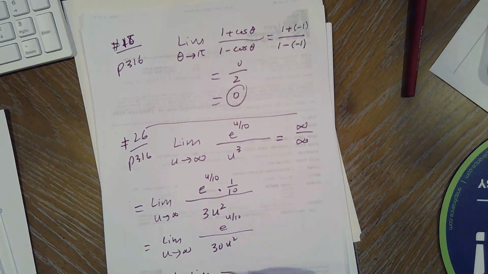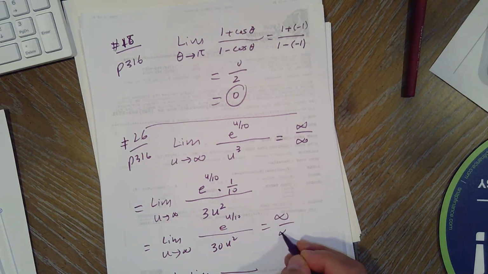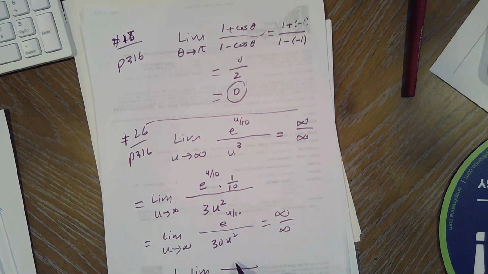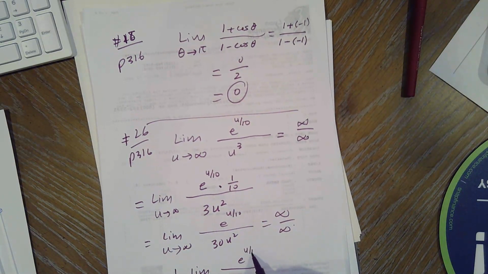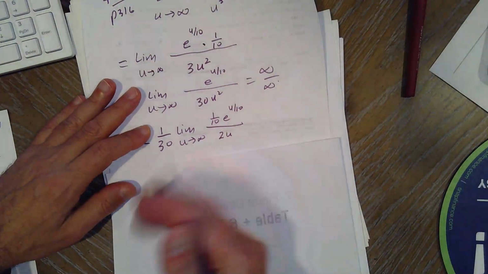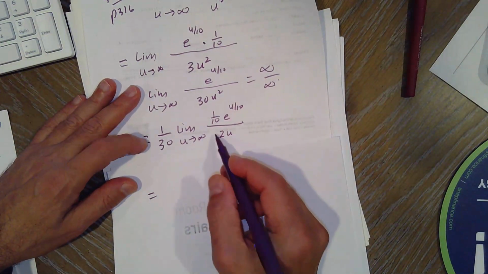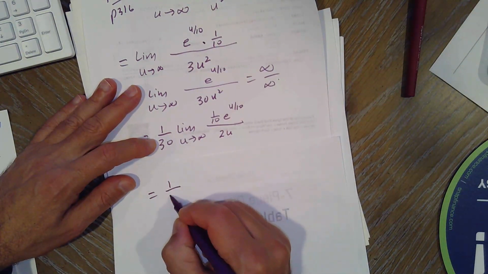Now we do the derivative again because we have infinity over infinity. Again it's e to the u over 10 times 1 over 10, and the derivative of u squared is 2u. So again the 1 over 10 times 1 over 30 is 1 over 300.